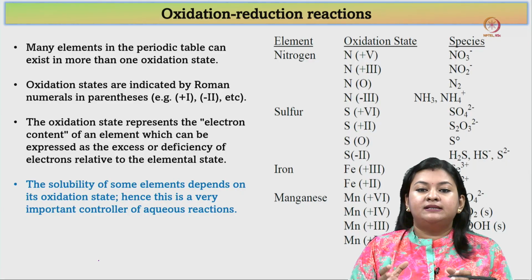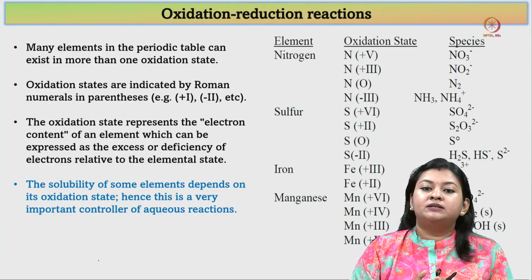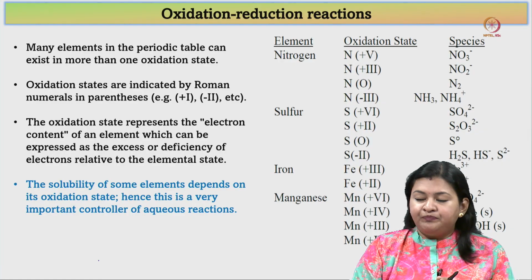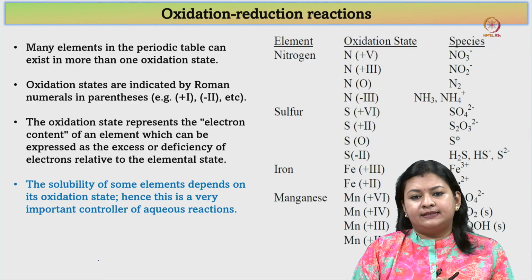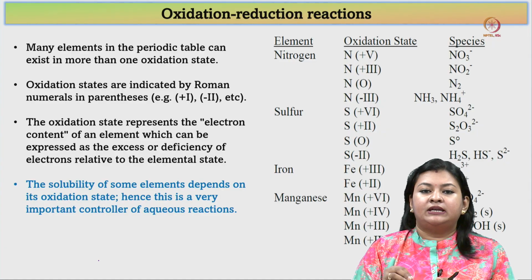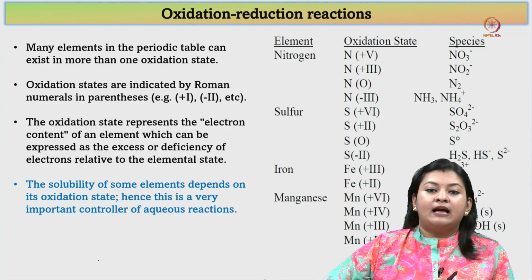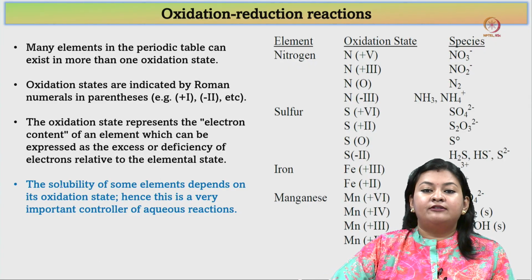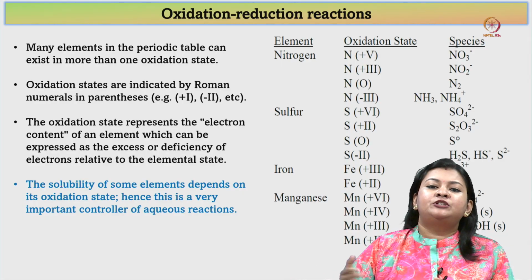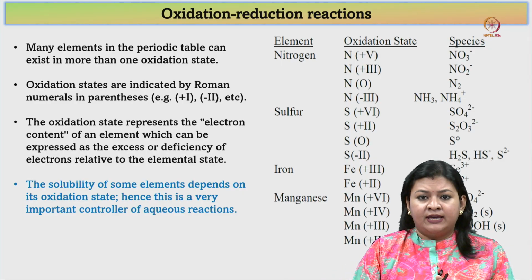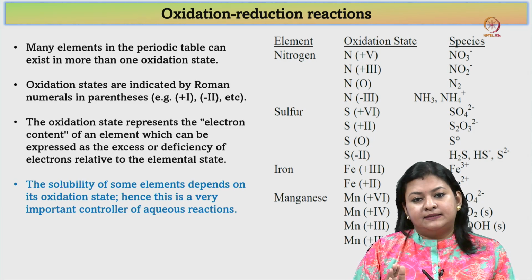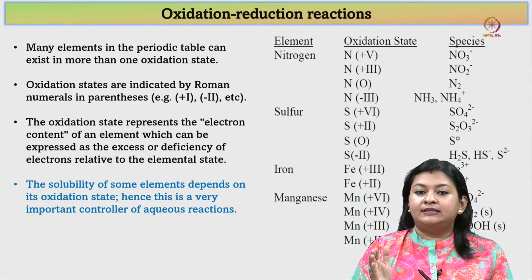The complexes they form, the form in which they are more soluble or more mobile, all depend on this. For example, nitrogen, sulfur, iron and manganese, which are extremely common in all aquatic systems, exist in different oxidation states.